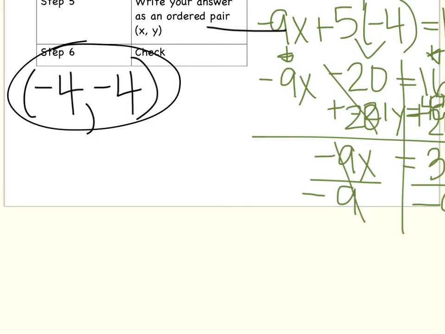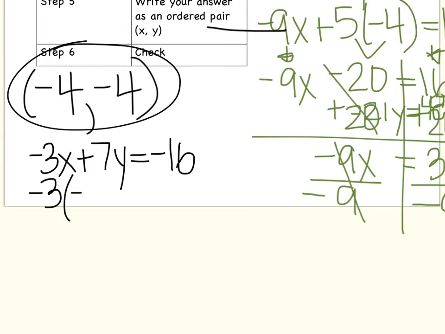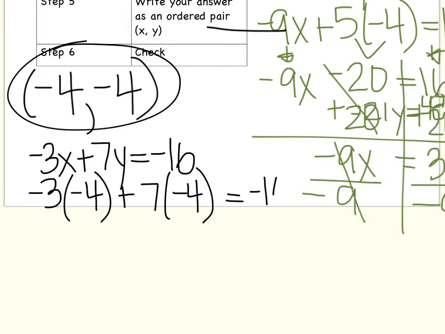So I'm going to rewrite my first equation, negative 3x plus 7y equals negative 16. You should feel pretty good with checking by now. I'm going to plug in my x: negative 3 times negative 4, plus 7 times negative 4, and it should give us negative 16. So negative 3 times negative 4 gives me a positive 12.